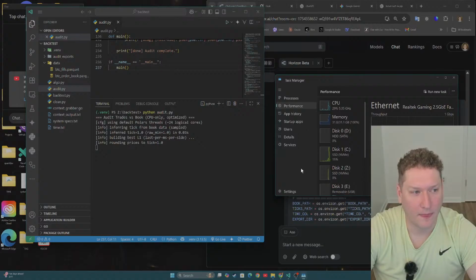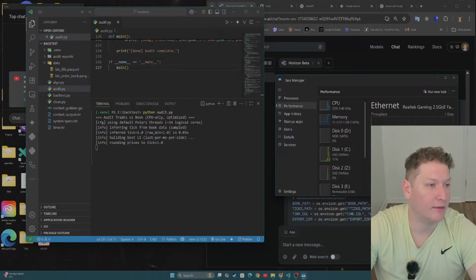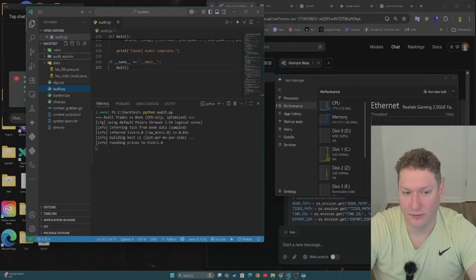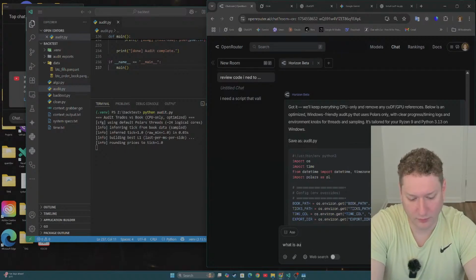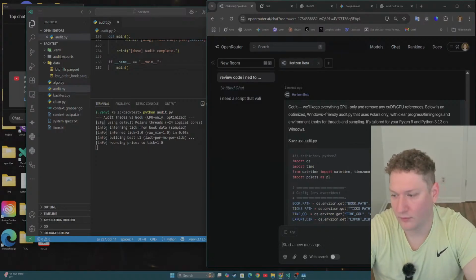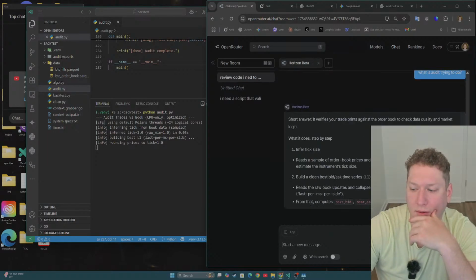Yeah. I don't think there's a way to continually have a progress bar, but we'll see. Let's just double check what audit is trying to do.